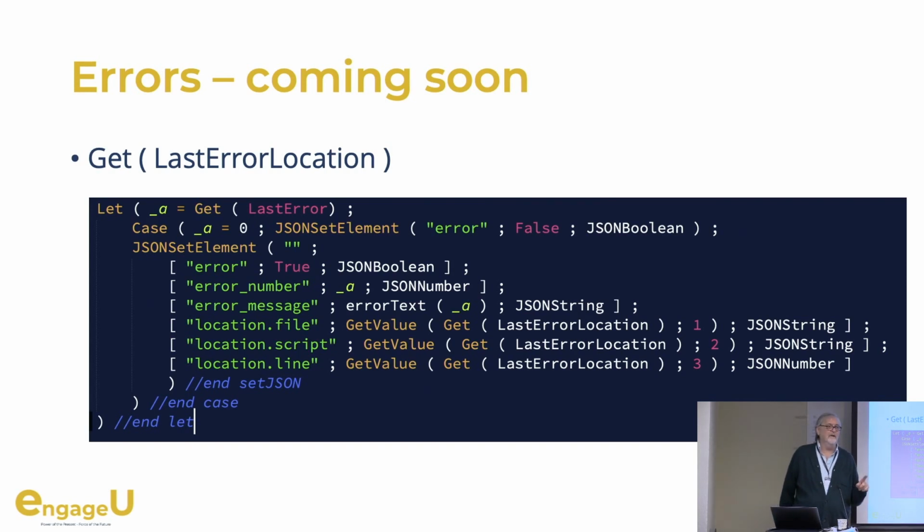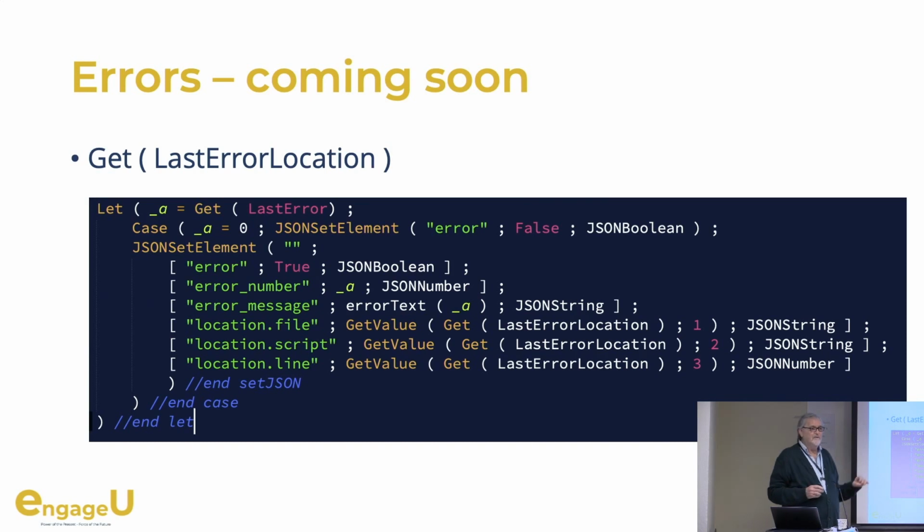But here's a little trick to using it. If something goes on in your script and you say get last error, and you do get a last error, and then immediately go, oh, there is an error. Can I get the location? The answer is yes, but you won't get the location you were looking for.